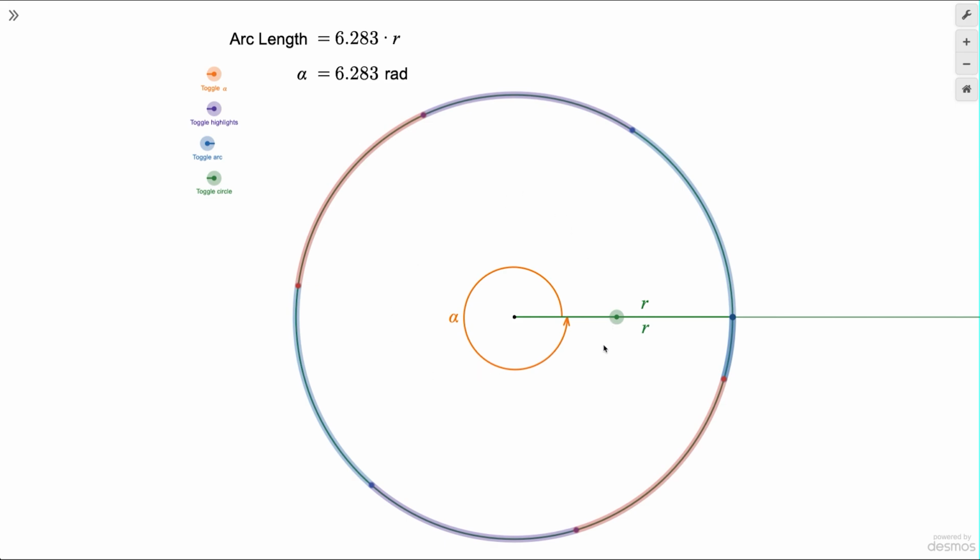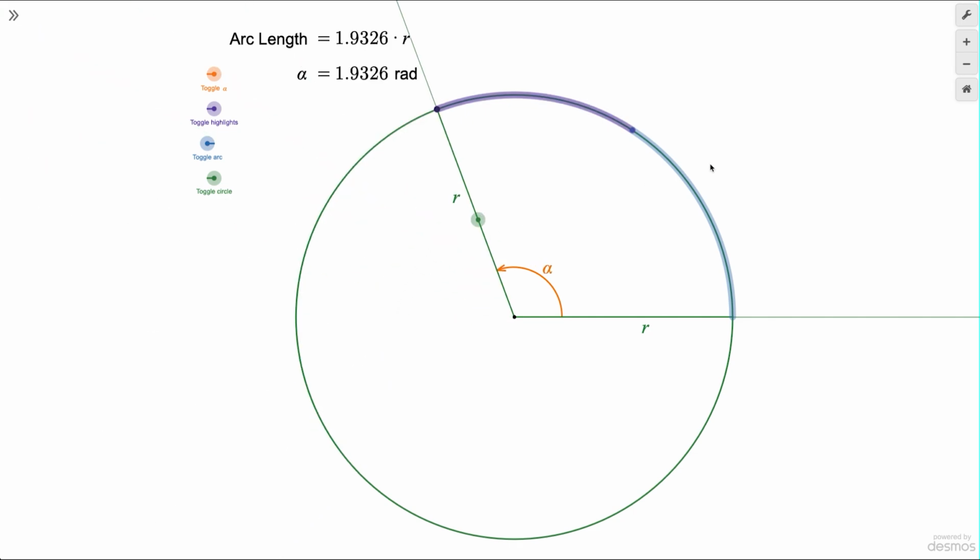Since it takes pi diameters, it's going to take 2 pi radians, or approximately 6.28 radians, for a full turn. It is important to note that this definition is not dependent on the size of the circle that I set out. So this is approximately 2 radians right here.